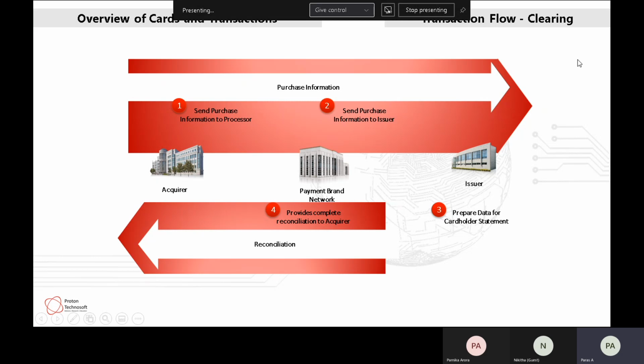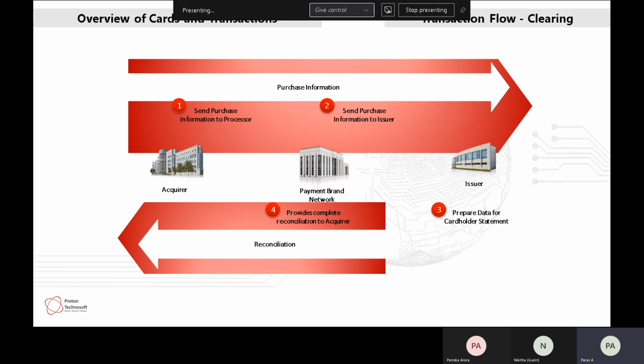So what happened every night when the merchant closes their store, they have to settle their transactions. So on the PIN entry device that they have, they will settle all the day's transactions. So they will click on the settlement button and a long receipt will come out, right? That is the clearing process.